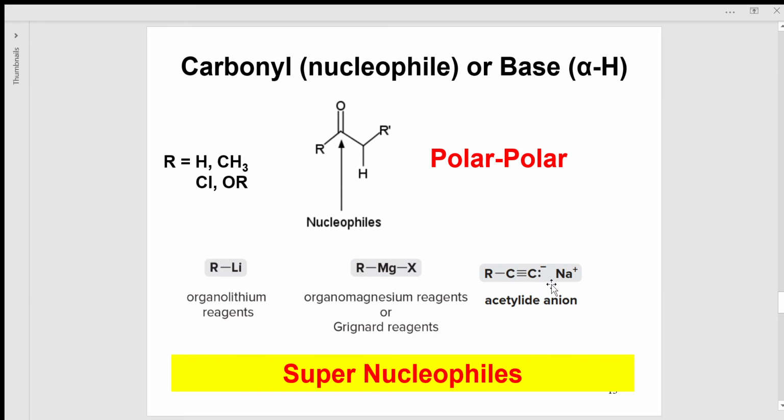We need to pay attention to this carbonyl carbon. They are going to react with this carbonyl carbon. So forget about this alpha hydrogen. Not because they are not going to react with each other, but they prefer to react with this carbonyl carbon. I believe I explained this to you in chapter 17.